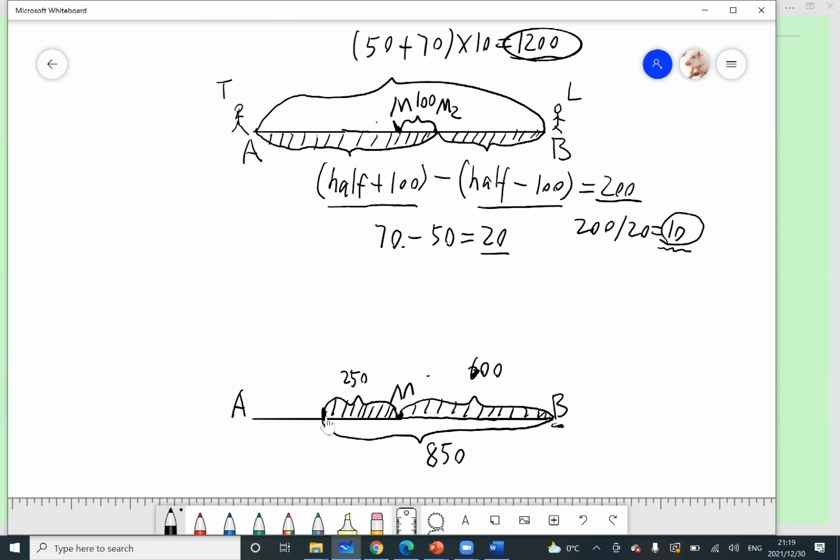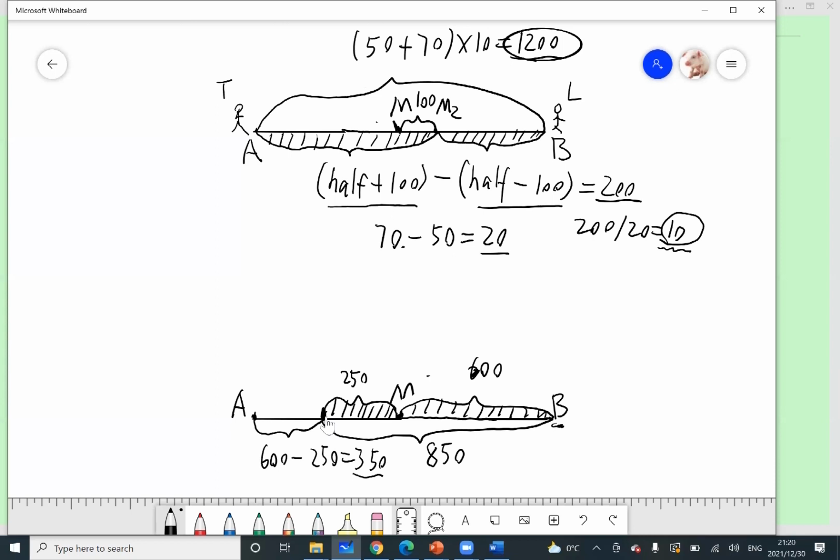And what about Tom? It should be Tom traveled from A to here, right? So this is traveled by Tom. It's 600 minus 250, right? So it's 350. So this is the distance traveled by Tom.